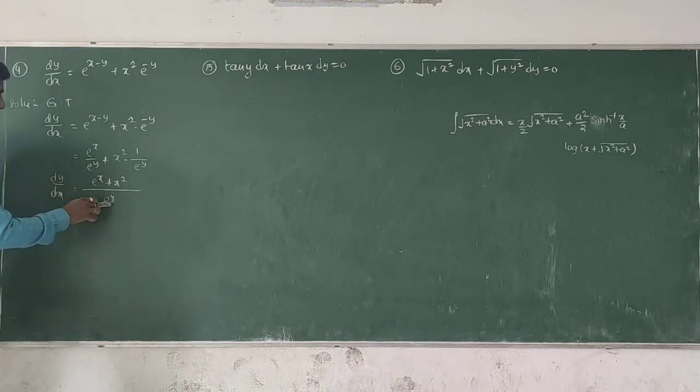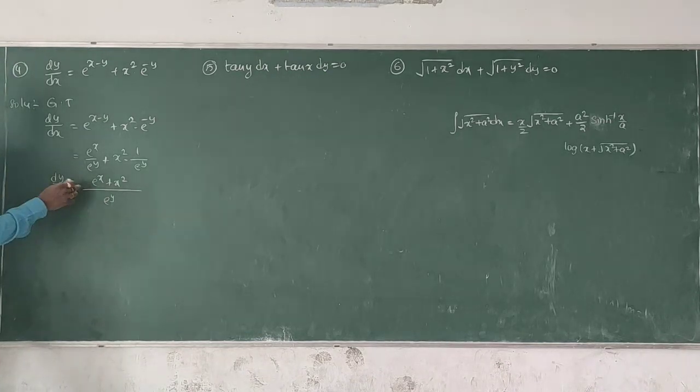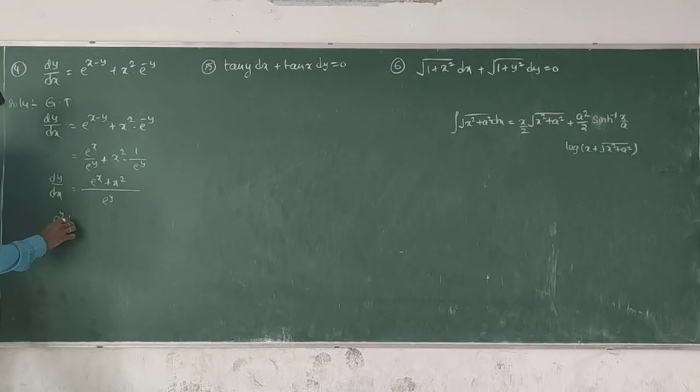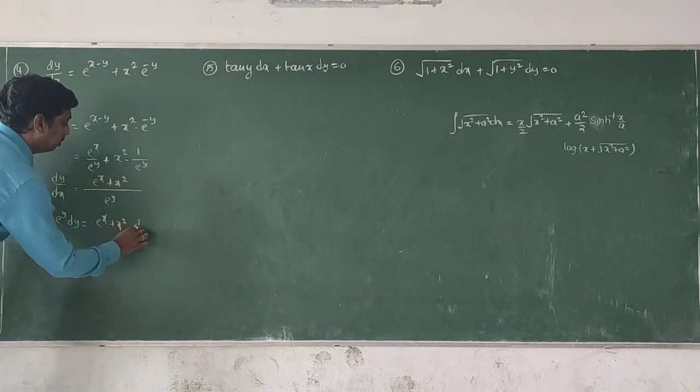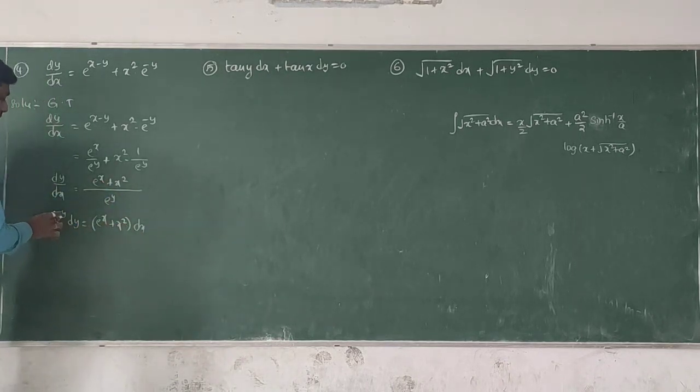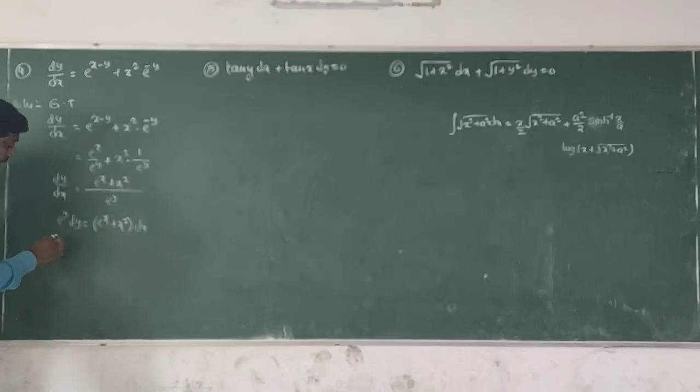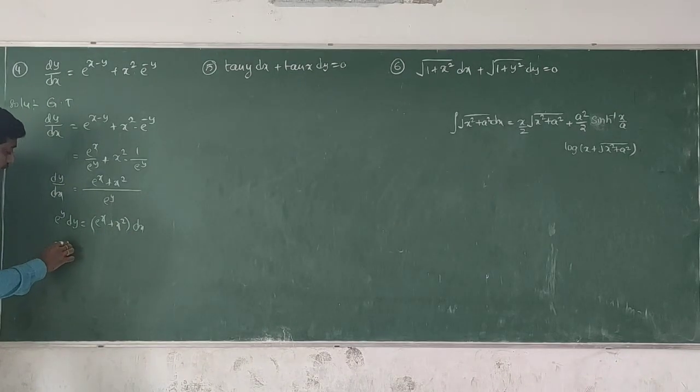Do the cross multiplication. E power y here with respect to y now. So e power y into dy equals e power x plus x square into dx. Function in terms of y with respect to y, total function in terms of x with respect to x. That's why, in order to solve this one, take integration both sides.